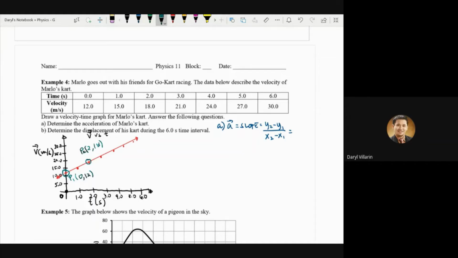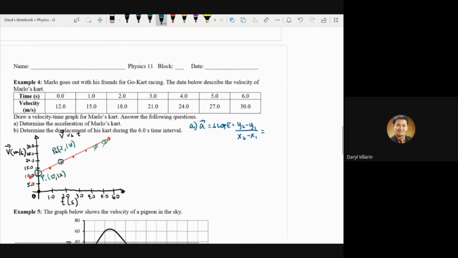In my case, I've chosen that one because it hits the line. I cannot use this one, because it doesn't hit the line as well as this one here. That is in my graph. Maybe it's different in the graph that you made, and that's okay, as long as you're using any 2 points along that line. That is the thing you need to remember.